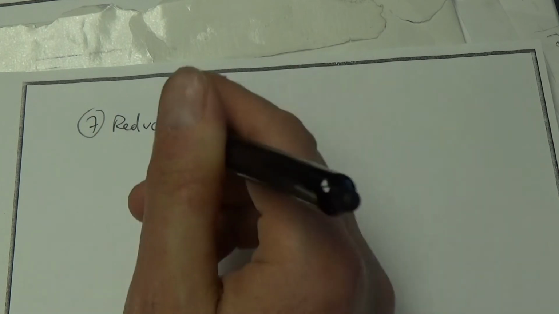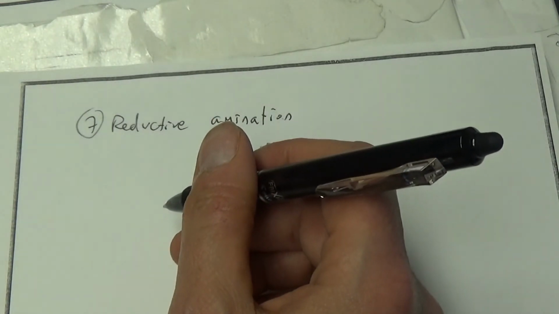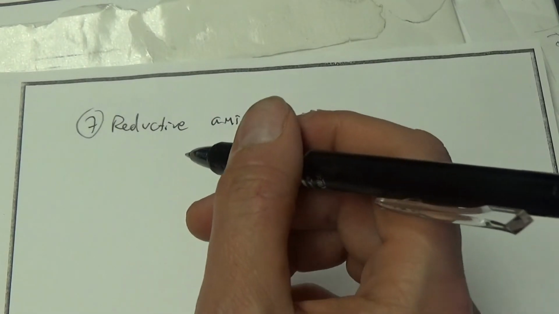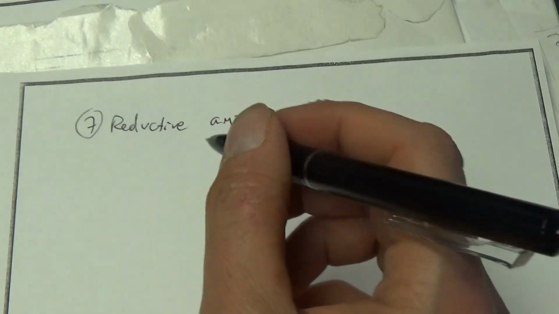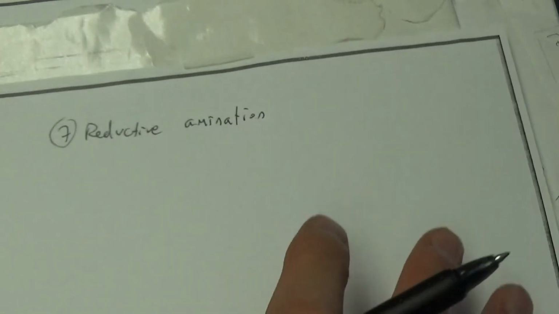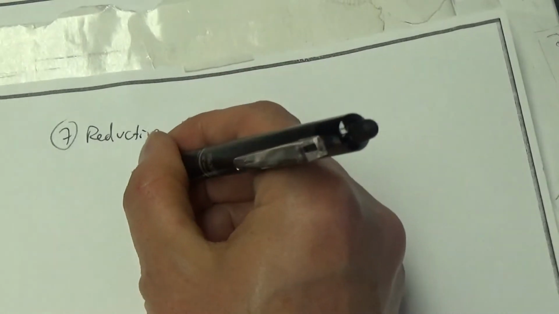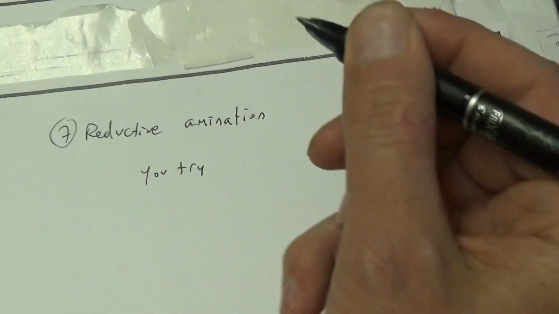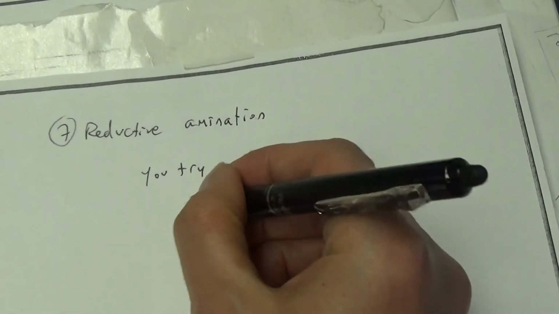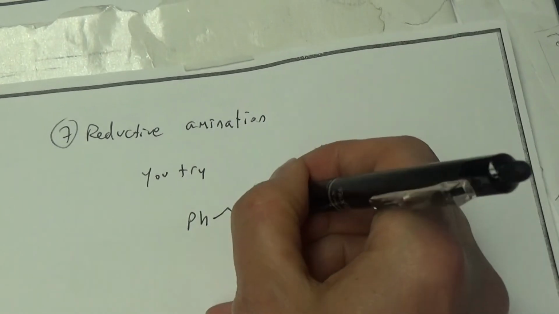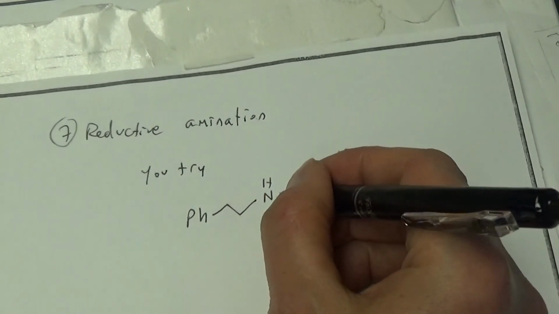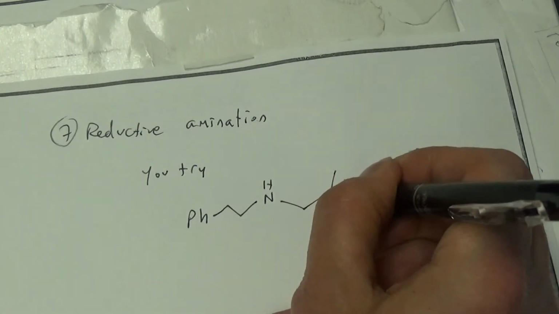Here's just one for you to try. You can try it yourself and send it to me if you want feedback. You try this one. It's just a random amine I came up with, of no pharmacological significance.